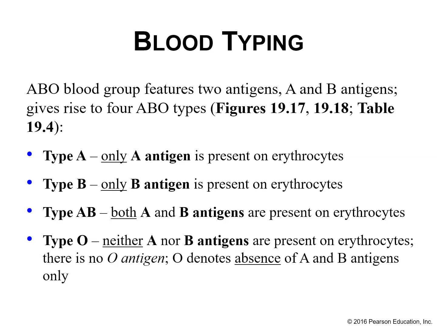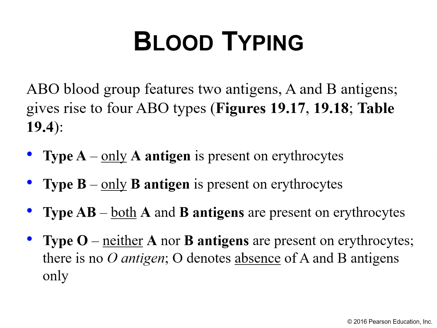So if you have 2 antigens, one A and one B antigen, you basically have 4 ABO blood types. If you have type A blood, that means you only have the A antigen present on your red blood cell. If you have type B, that means you only have the B antigen present on your red blood cell. If you have type AB, that means you have both the A and the B antigens on your red blood cell.